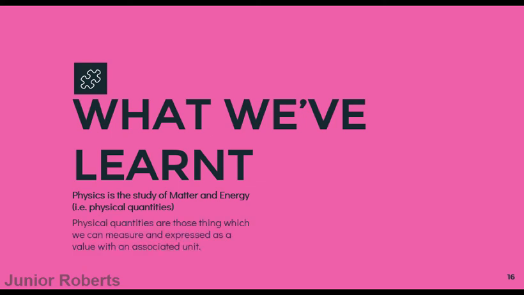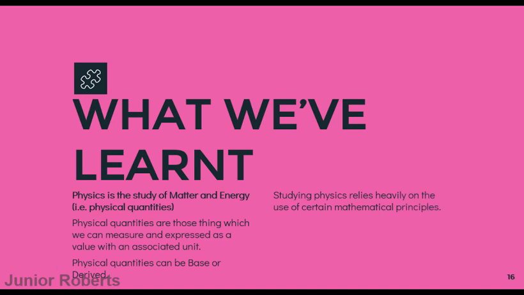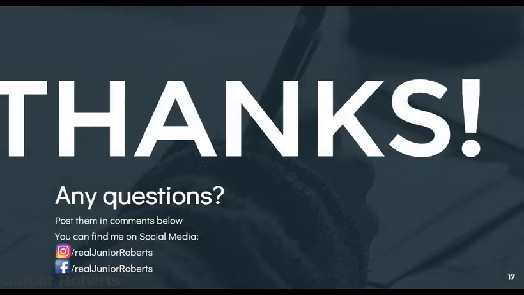A physical quantity is something that we can measure and can be expressed as a value with an associated unit. Physical quantities can be a base quantity or a derived quantity. And studying physics relies heavily on the use of certain mathematical principles, and these mathematical principles will make our lives as physicists much easier.